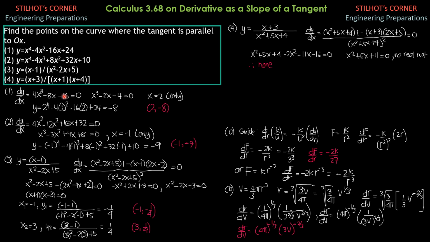The other way is we divide everything by 4. So it becomes x cubed minus 2x minus 4 equals 0. And using your calculator or by synthetic division, you'll find that x is 2 and there is only one real root.